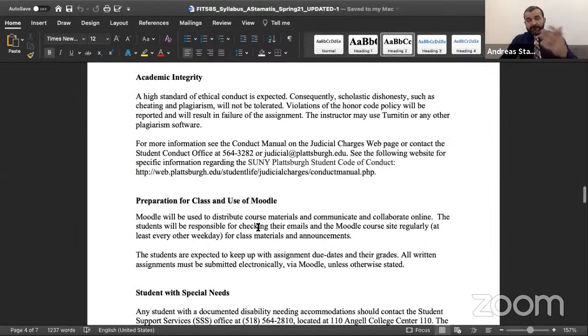Preparation, of course, you need to check your Moodle site. I'm going to be sending you emails. I know you get a lot of emails from me and others, and I'm just talking about school, not work and stuff like that. So when you get an email from me, it will be important. There is some important information to share, and that's why I'm emailing. I know you can just delete it, see it on your phone and delete it.